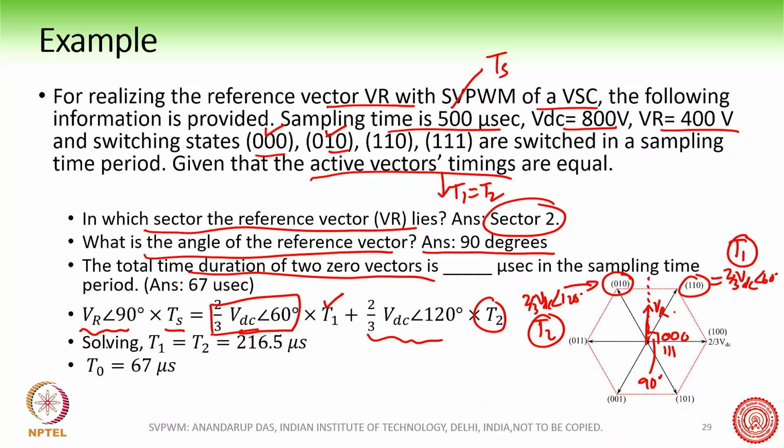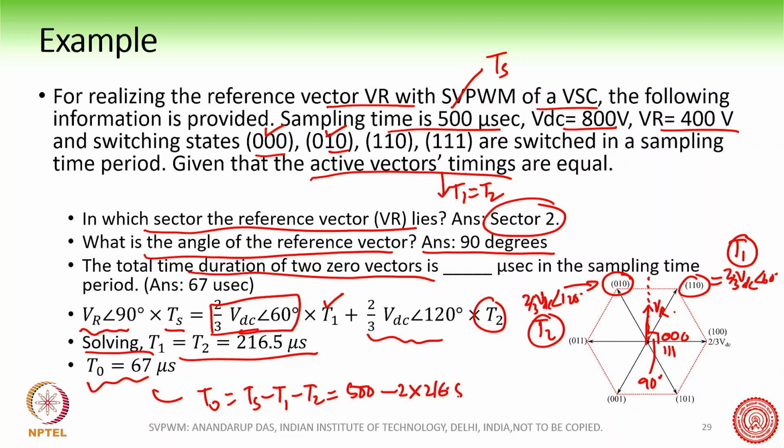If you solve this using the real and imaginary parts, you will immediately find T1 and T2 equal to 216.5 microseconds. And T0 equals TS minus T1 minus T2. In this case TS is 500 microseconds, so T0 comes out to be 67 microseconds.